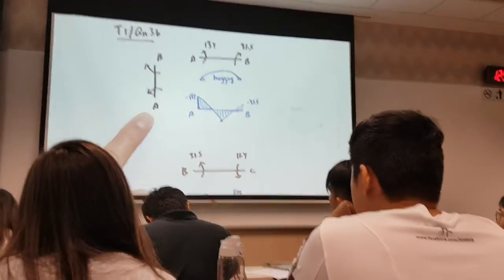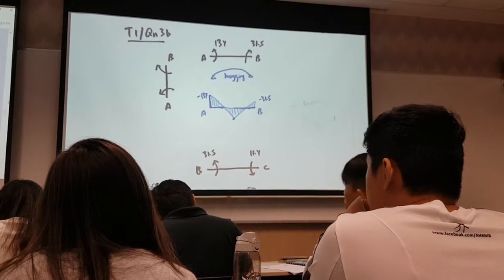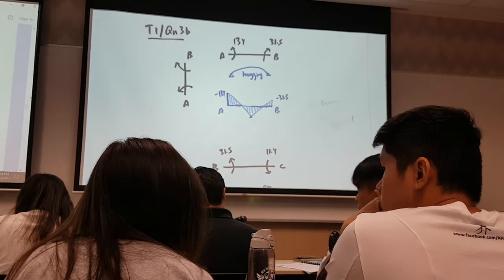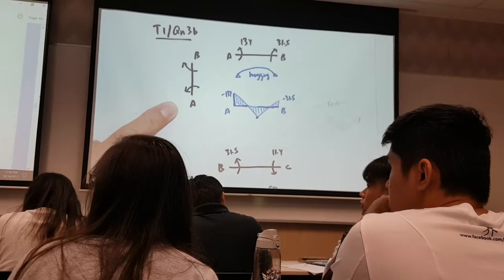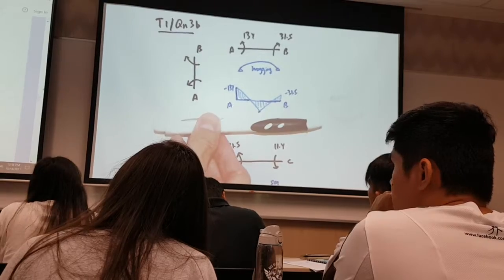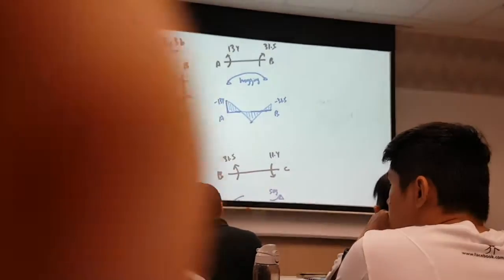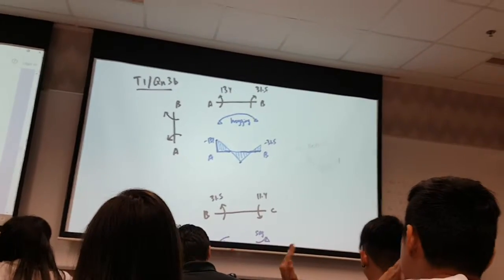If it's for AB, it's going to be different as well. Correct? If you were to flip it this way, E becomes sagging. So if I do it this way, the whole thing becomes sagging. For AB, I'm flipping in this manner, so it becomes a sagging kind of mode.